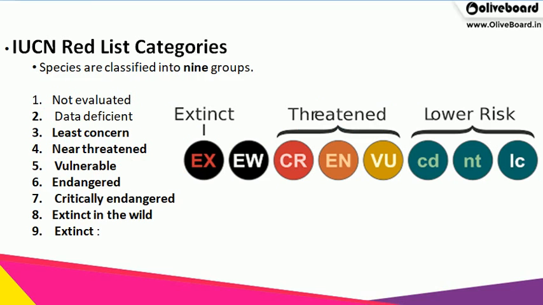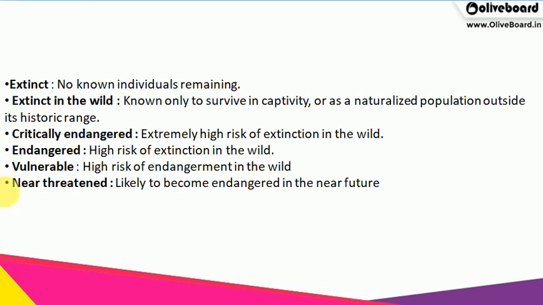Then after near threatened, we have vulnerable. Vulnerable are at high risk of endangerment in the wild. They are not endangered already, but they are at high risk. Then we have endangered, high risk of extinction in the wild. Then critically endangered, extremely high risk of extinction in the wild.